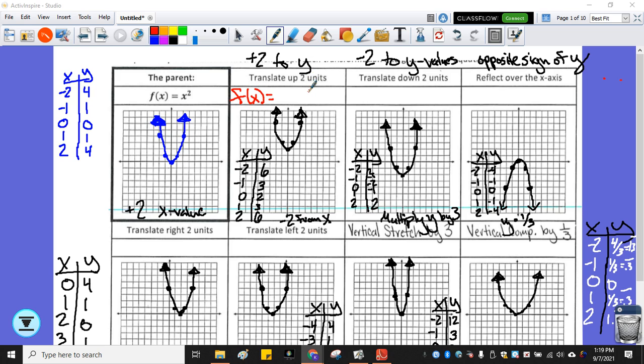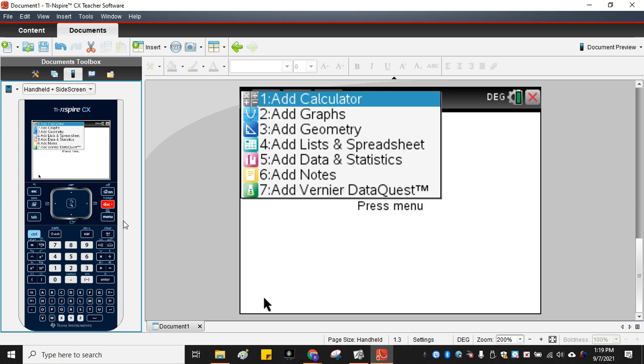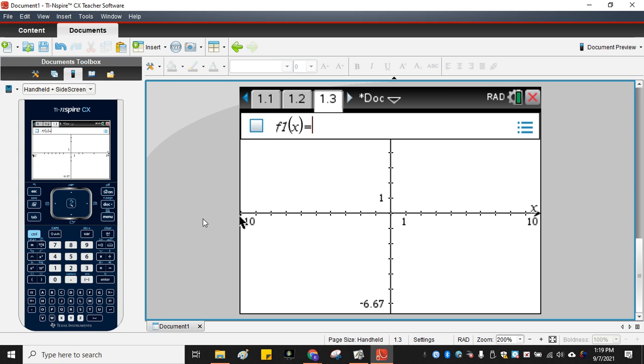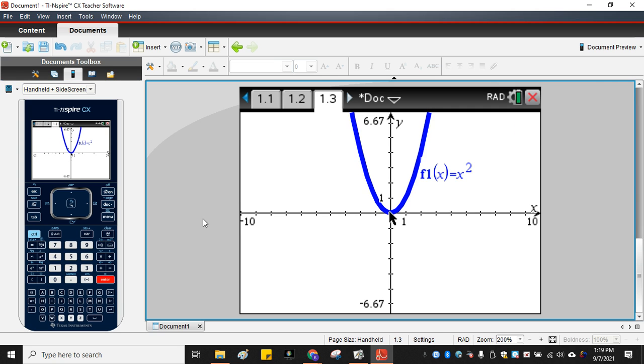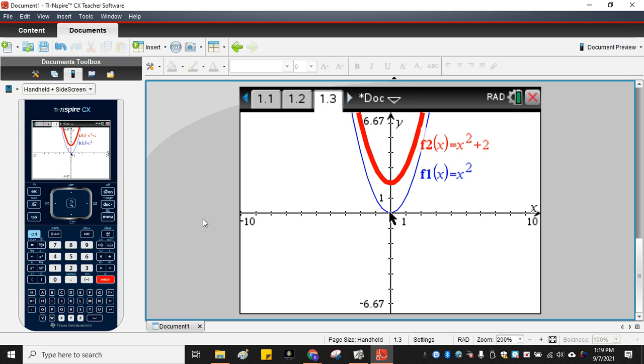Plus 2, up 2, is that inside your parentheses or outside? Outside. So it'll be x squared plus 2 on the outside. So if you were to graph it, there's your parent function. Up 2, and move that graph up 2.